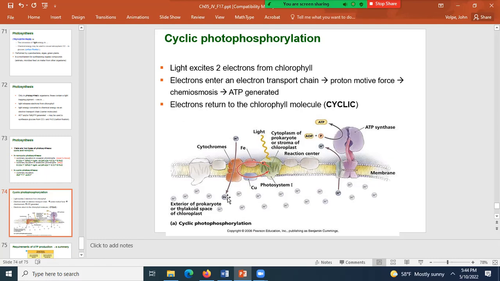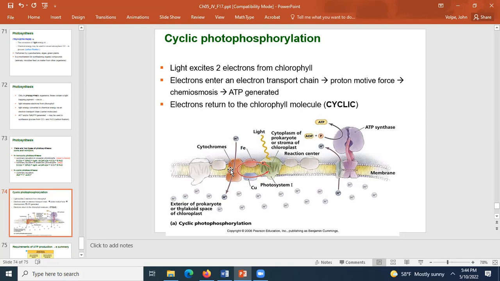Now in eukaryotes, aerobic respiration happens in the mitochondria. In eukaryotes, photosynthesis happens in the chloroplast. Where do you think photosynthesis happens in prokaryotic cells? It can't happen in the chloroplast because there is no chloroplast in a prokaryote.